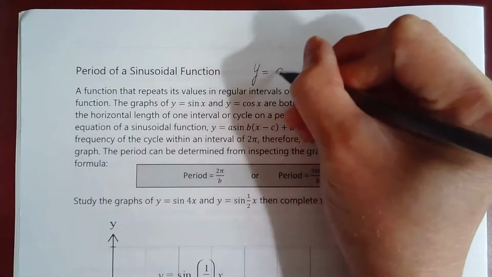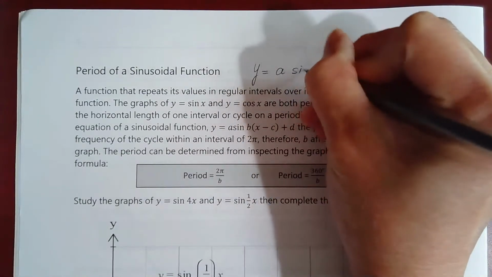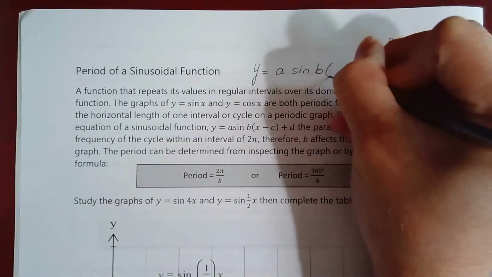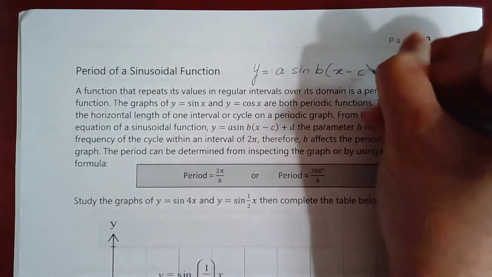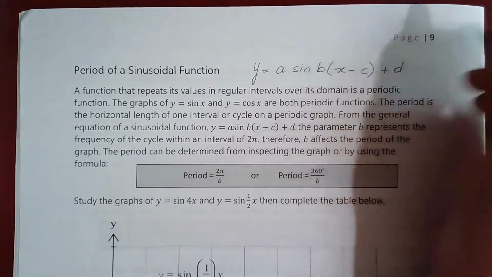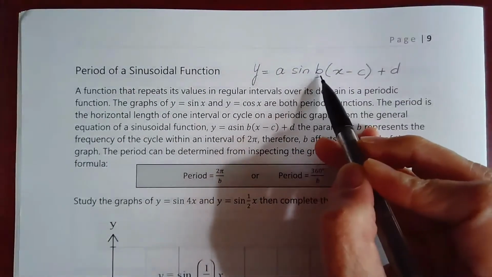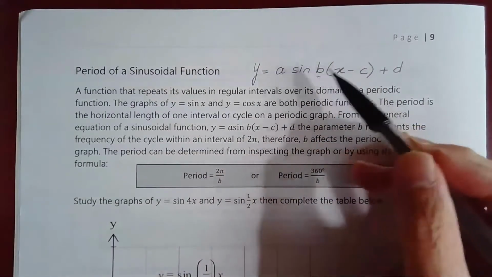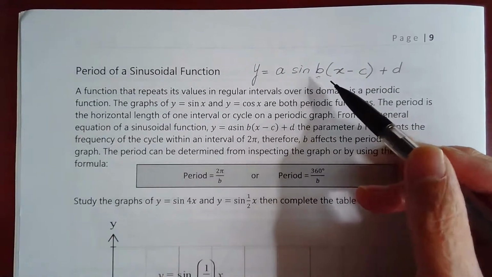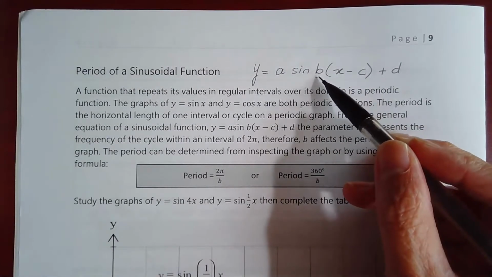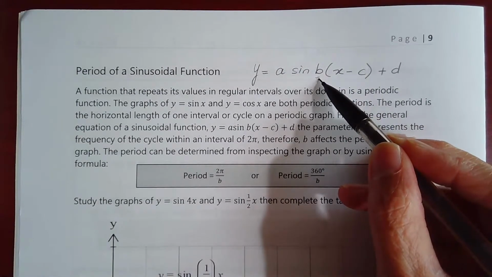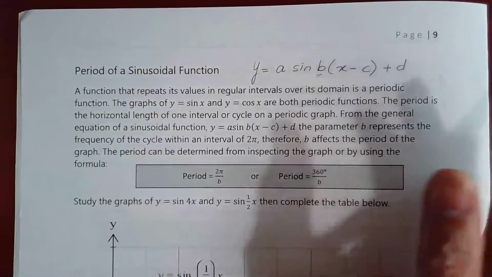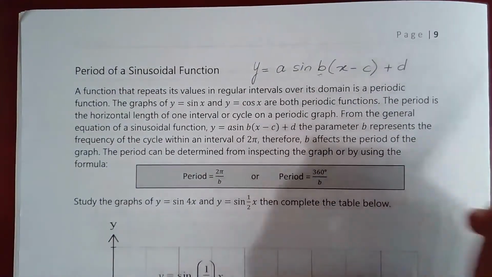Y is equal to a sine of b times x minus c plus d. Now we're going to look at this parameter b. What does that do? According to our transformation, when we learned the transformation before, we said the b will tell us the horizontal compression or stretching.